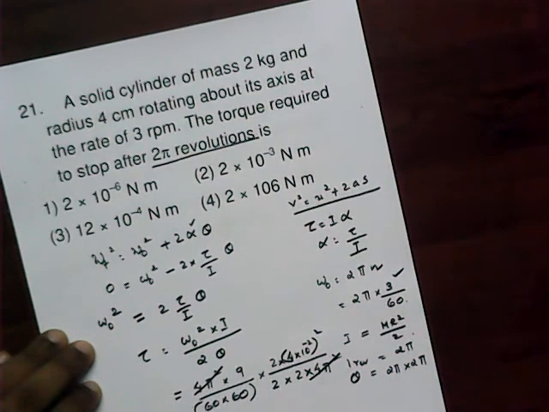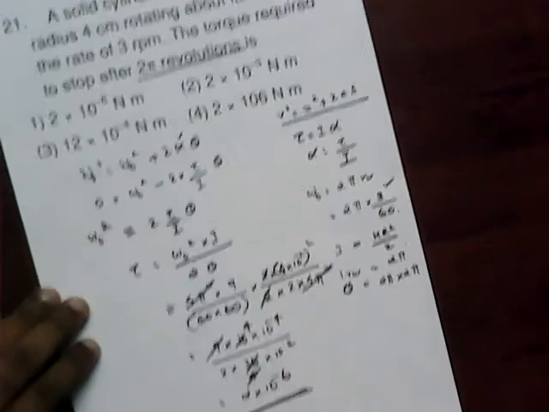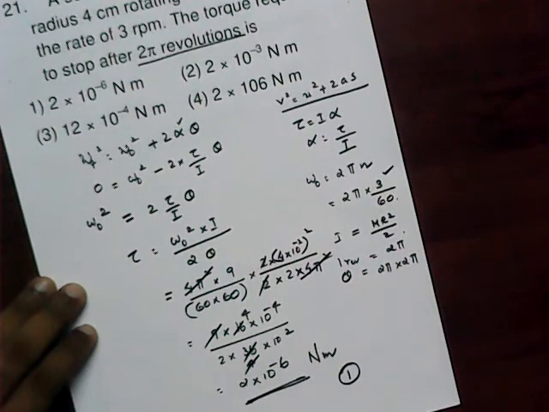So 9 into 16 into 10 raised to minus 4 by 2 into 36 into 10 square, and that gives 2 into 10 raised to minus 6 Newton meter. So we can mark the answer as 1.